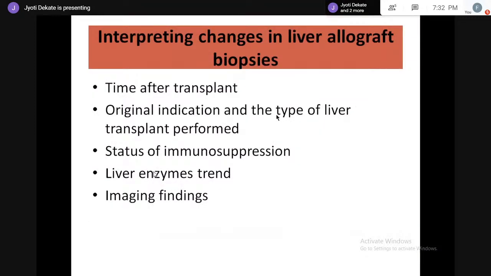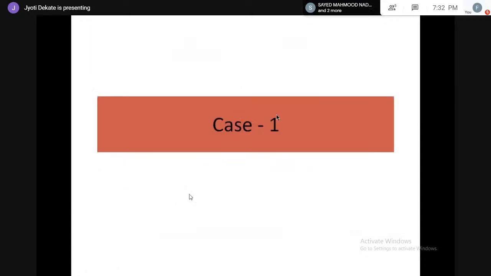Again, a brief recap: once we receive a liver biopsy in the post-transplant period, we must be aware of the following information which should be included in our requisition form: the time after transplant, the indication of liver transplant, the status of immunosuppression, the liver enzyme trends, and any imaging findings if relevant. With this, I'm going to start with my first case in today's talk.